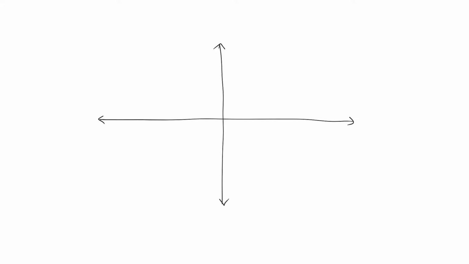So let's say we have an angle that's 45 degrees drawn in standard position. Okay, so right here. This has a reference angle of 45 degrees, and the angle itself is 45 degrees.